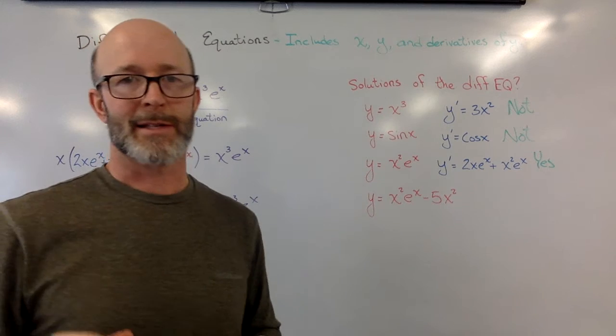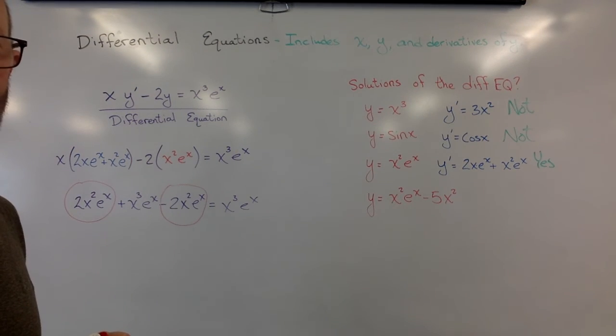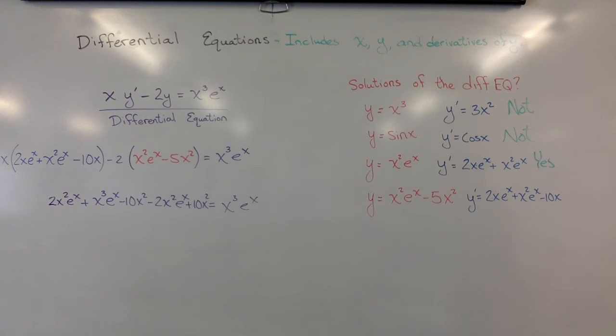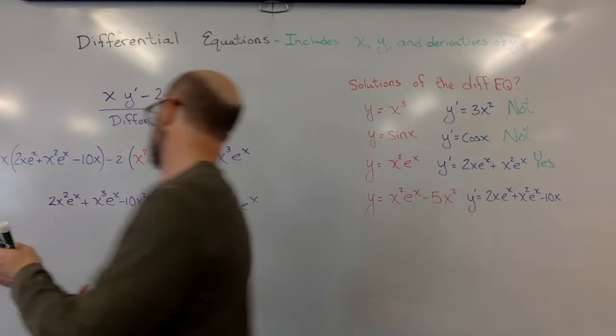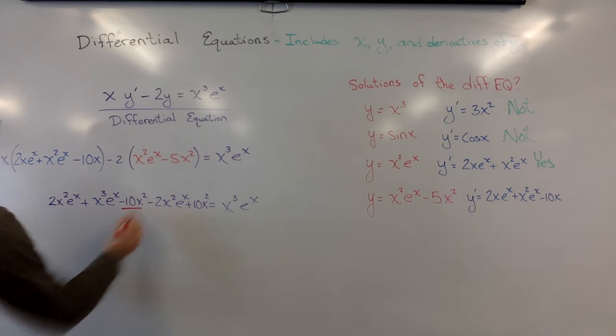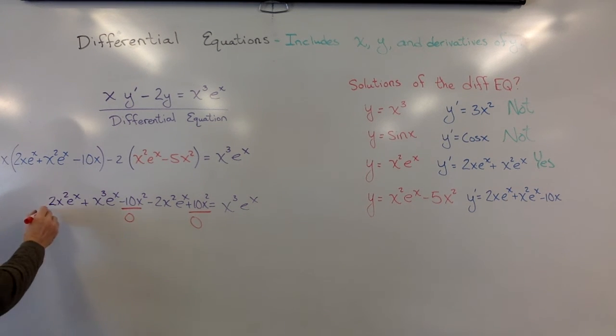Now, ladies and gentlemen, this is a very nice solution, but that doesn't mean that we're done or we've found all the answers. For if we take the derivative of that last one right here with the extra minus 5x squared, and we plug in the derivative and the original, it turns out negative 10x squared and positive 10x squared equals 0.